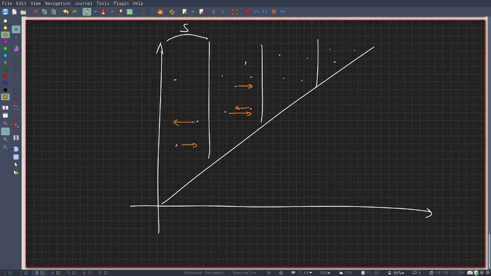What about the vertical steps? So the horizontal steps total O(n times S). You have n queries. Actually, let's assume n equals Q. What about the vertical steps? We're doing something like this.